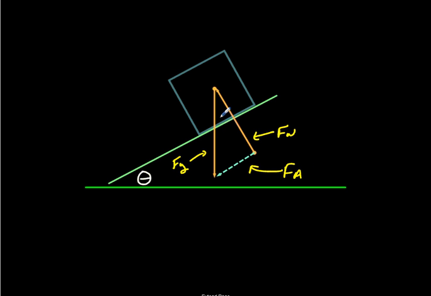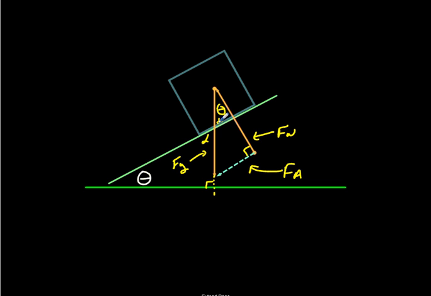It turns out that theta here is the same as theta here. We can prove that if we need to. We can say this is 90 degrees, and we can say that this is 90 degrees. We can say that this is alpha, and then by equivalence, this is alpha.